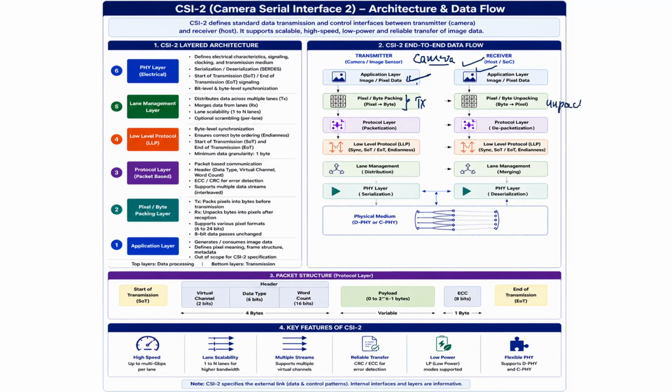Whatever byte lanes we receive from the transmitter side should be converted into unpacked format, and only then will we convert into pixel format. Clear?